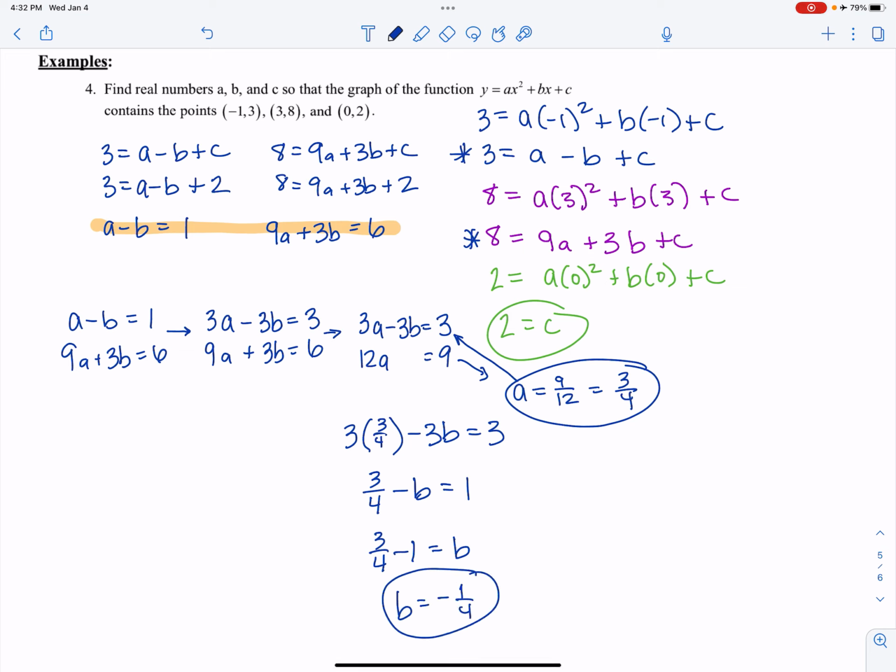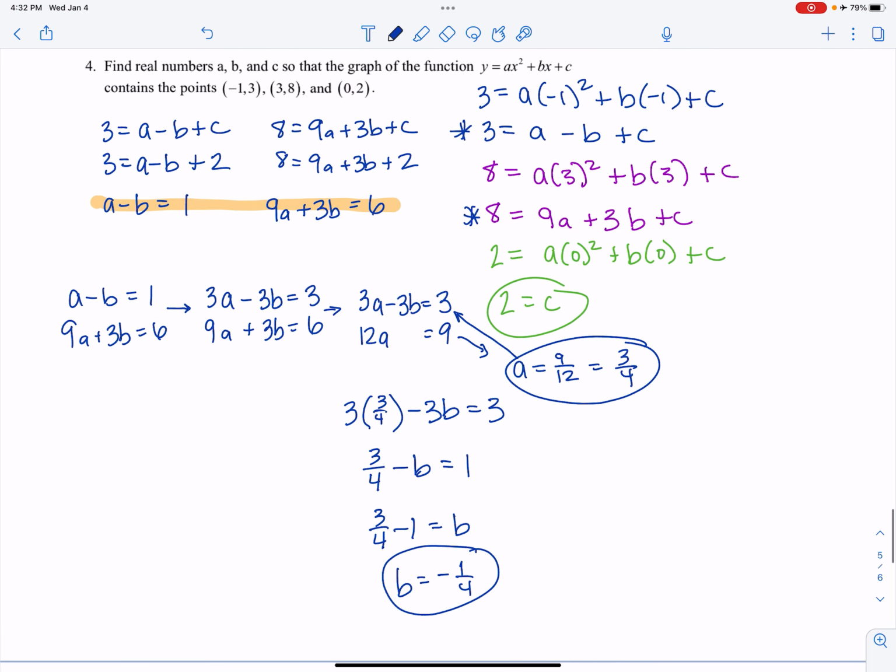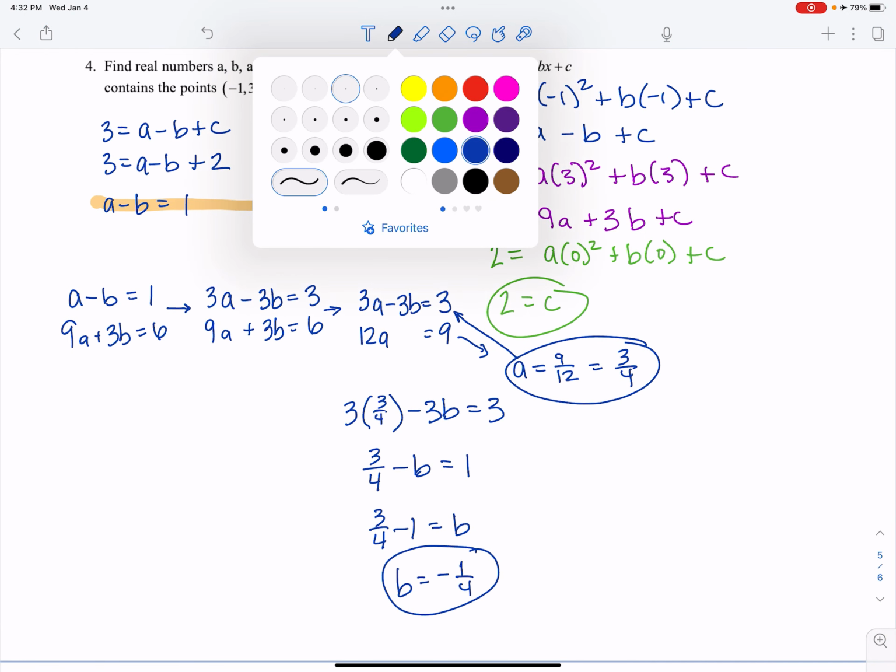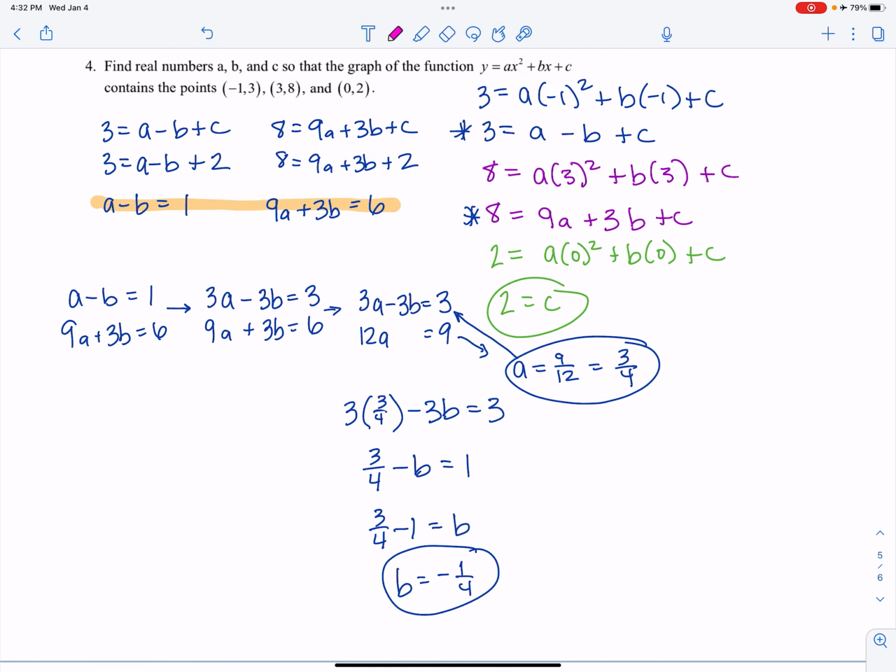And then it's a good idea to check. I already used green, so I guess we'll check it in pink. So we'll check 3/4 minus -1/4 plus 2 equals 3. 3/4 plus 1/4 plus 2 equals 3.